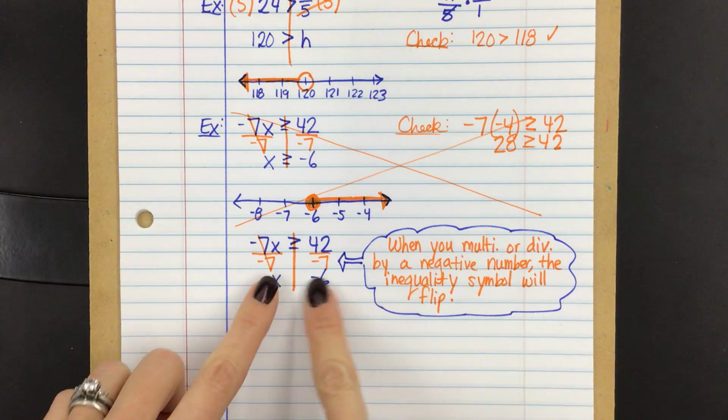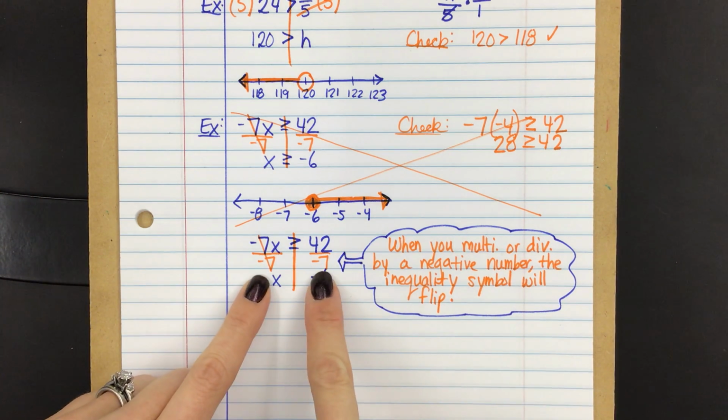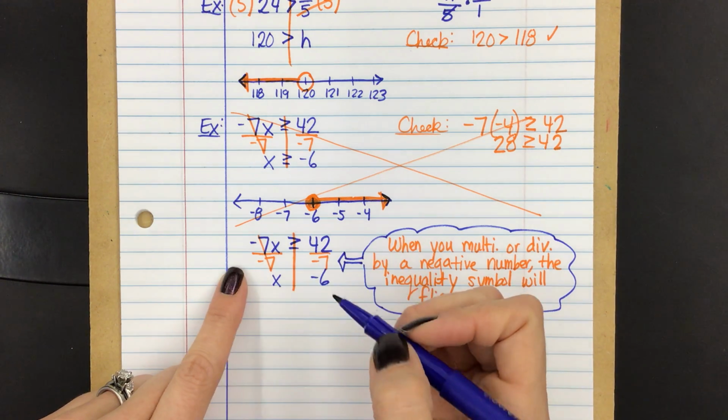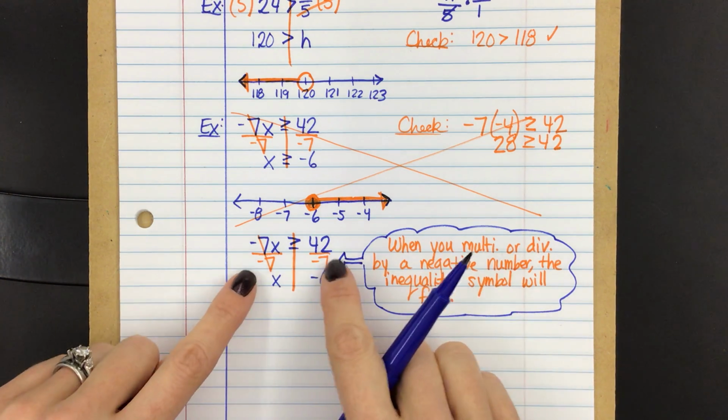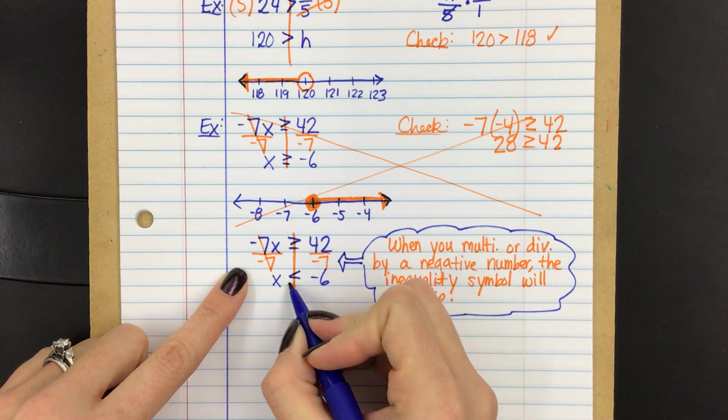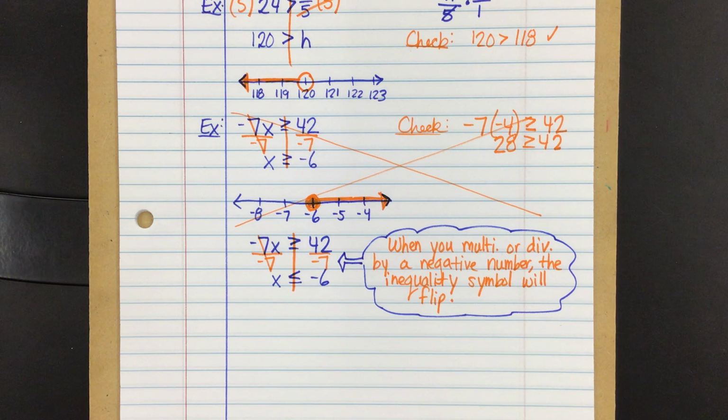So right here, notice that to both sides of the equation, I divided by a negative number. Whenever you multiply or divide both sides by a negative, this inequality symbol is going to flip directions like that. Okay. Now, for whatever reason, this rule really messes with my students.